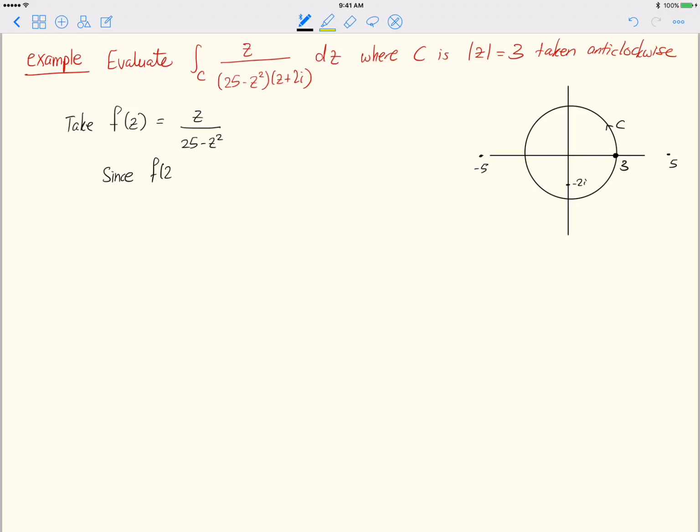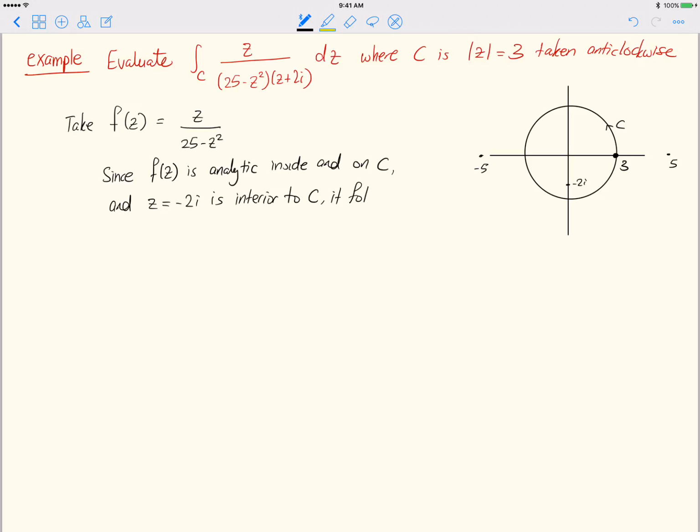So I can say, since f of z is analytic inside and on C, and I'm going to take my interior point to be negative 2i, and z equals negative 2i is interior to C, I have both conditions satisfied, and I can use Cauchy's integral formula.